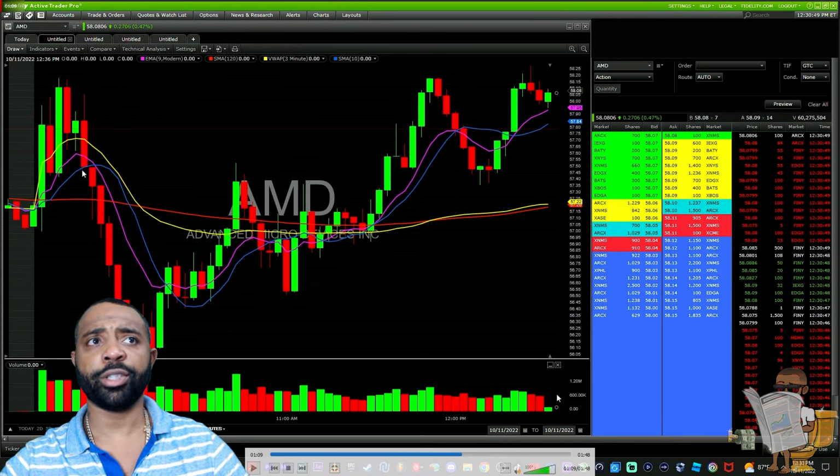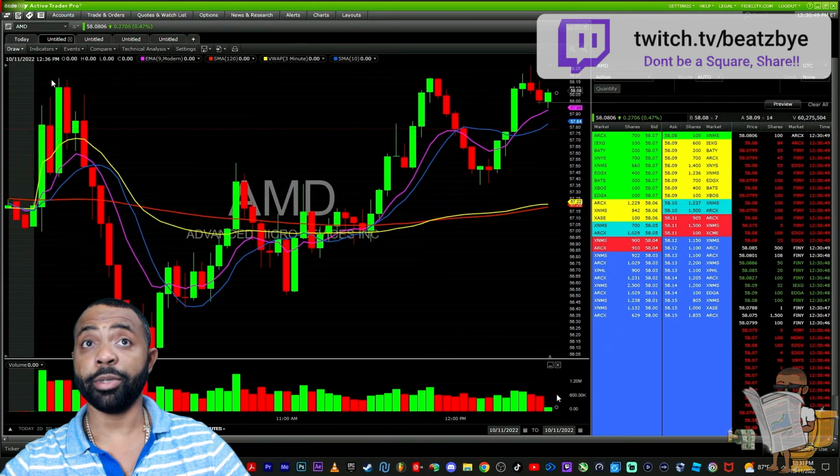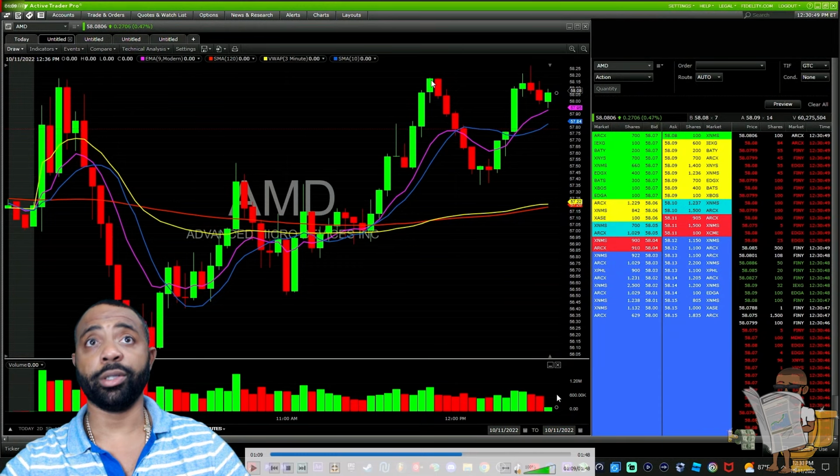It bounced off of it, rejected off of it, was able to get back up above it, then it became support, bounced up to the top of the range. Now we know this is the top of the range because we see it from earlier. So at this point, you know it's okay to at least sell the rip, at least to the red to green line, and possibly further if we break down the 9 and the 10.